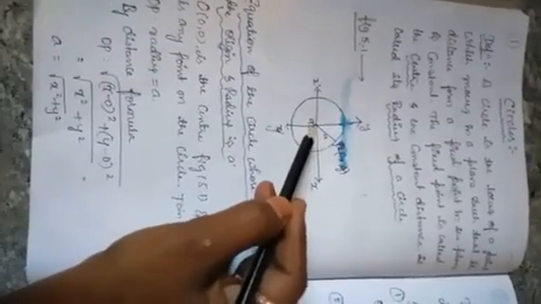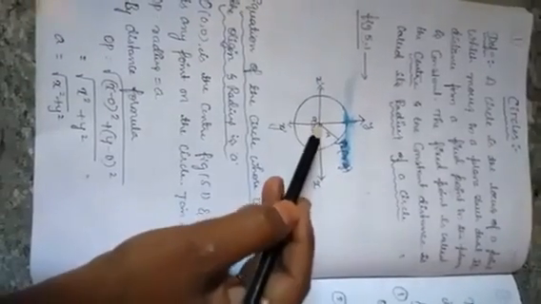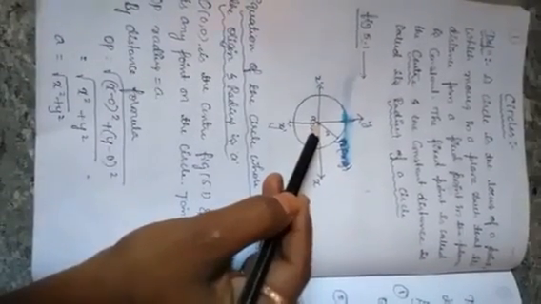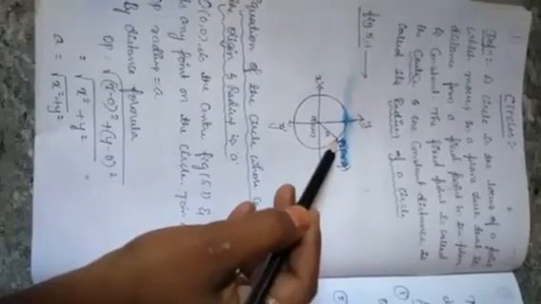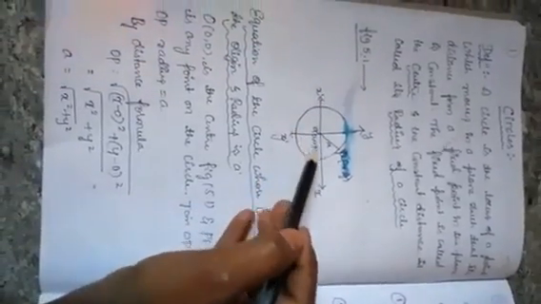The fixed point is called the center of the circle, and the distance from this point to this point, we call it the radius of this circle.